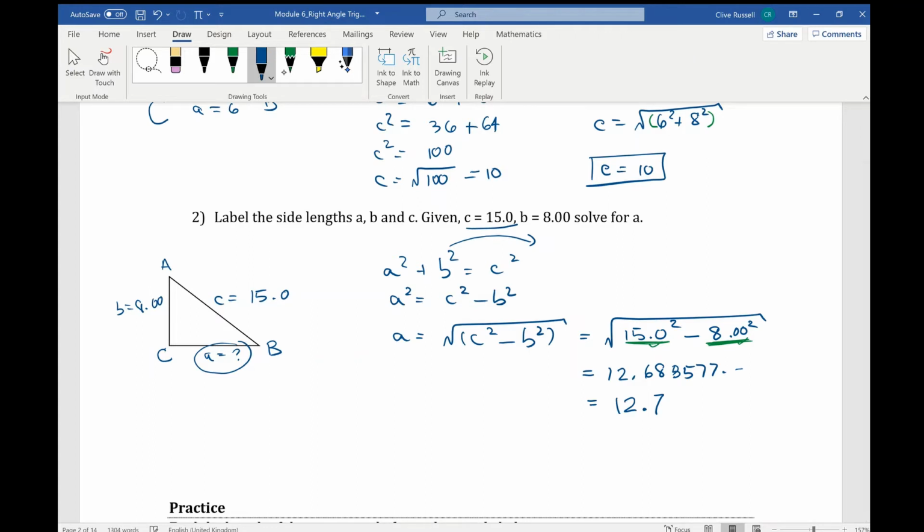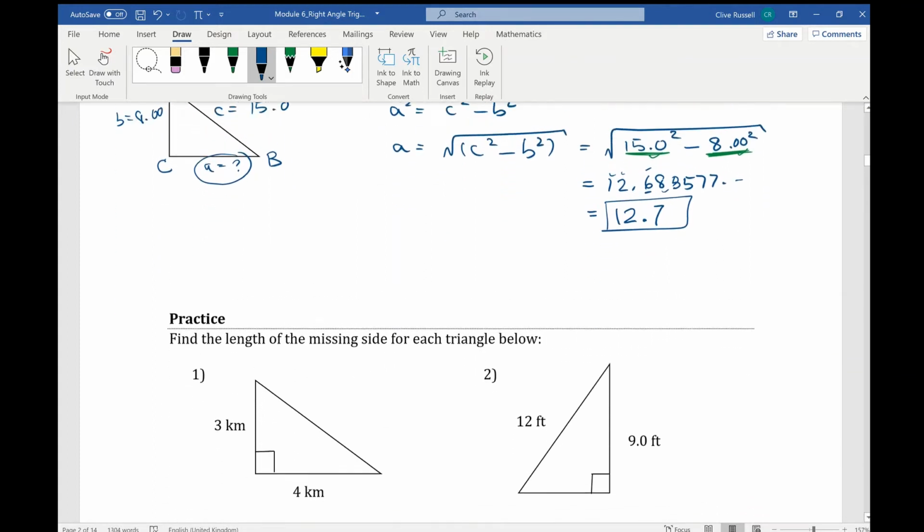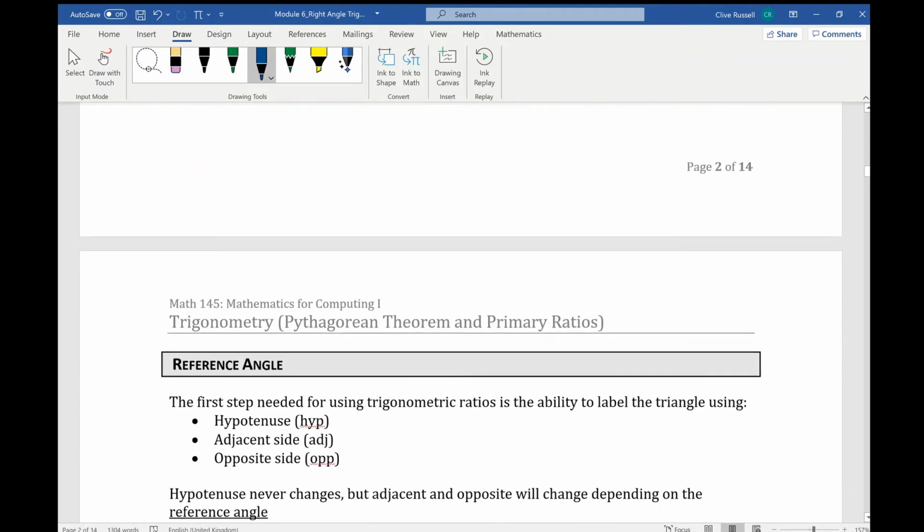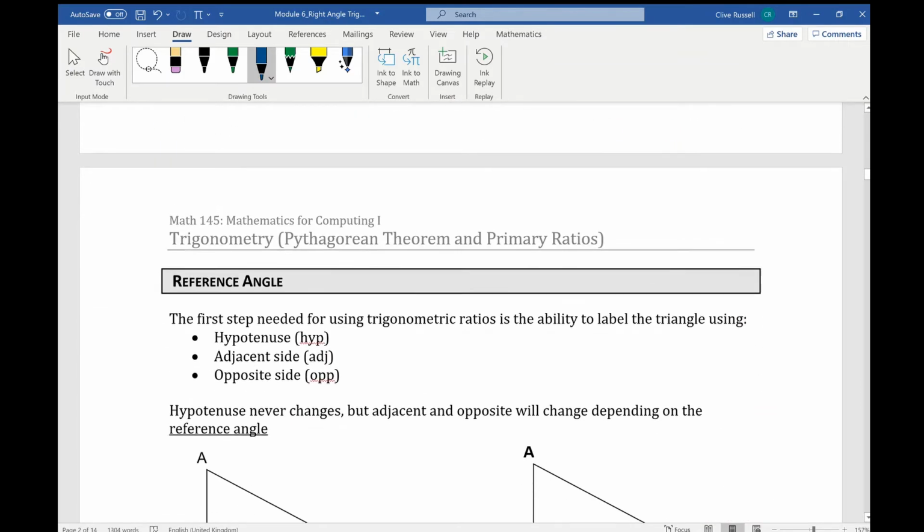All right. 1, 2, 3. You look there, look to the right. It's bigger than 5, so you bump up the 6 by 1, so it becomes 12.7 units. All right. So here's some practice for you to try.